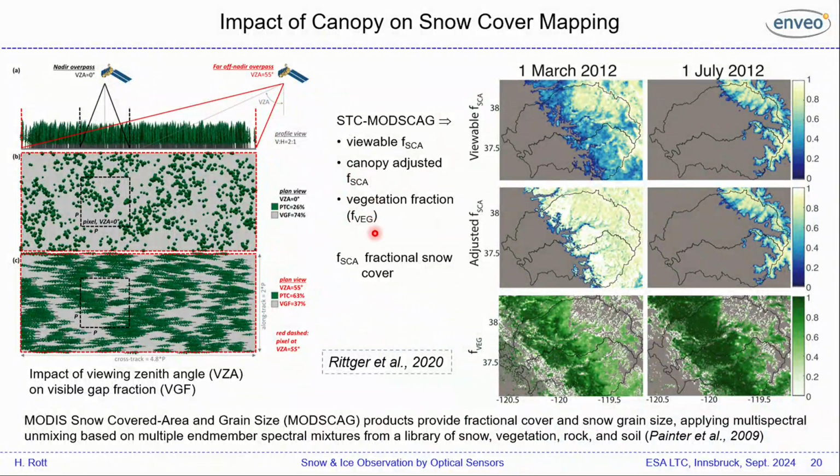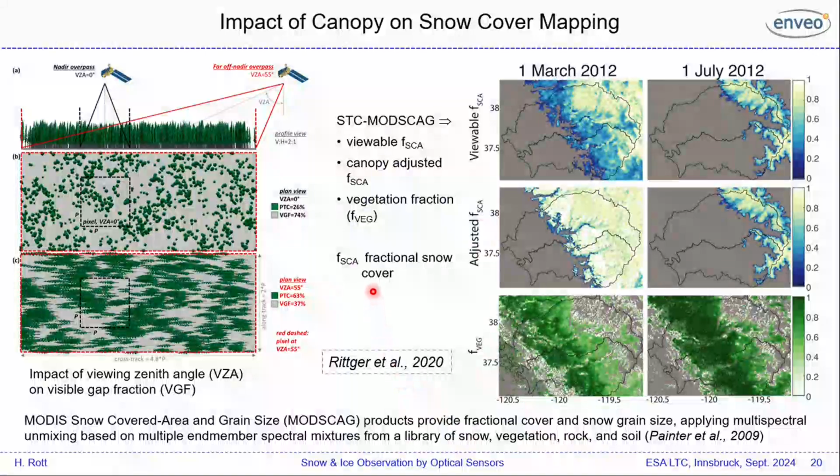And this is an example using the MODIS snow-covered area and grain size products. And they provide fractional snow cover and grain size. And they apply this, again, this multispectral unmixing model.